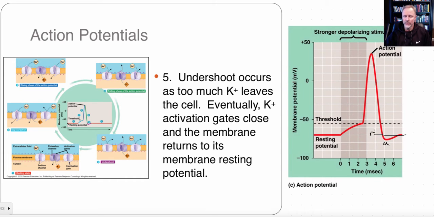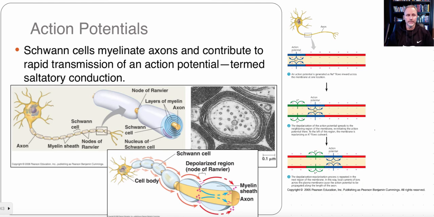This undershoot is because those potassium ion channels are closing slowly, and more potassium is continuing to diffuse out of the cell when those channels are open. Okay, and eventually the sodium potassium ATPase pump restores us to that resting potential, and we're ready to fire another action potential.